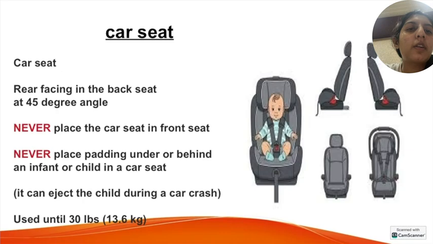Never place padding under or behind an infant or child in a car seat, even though this might seem more comfortable for the child. Around 2 years old, a convertible car seat is provided and can be forward facing.